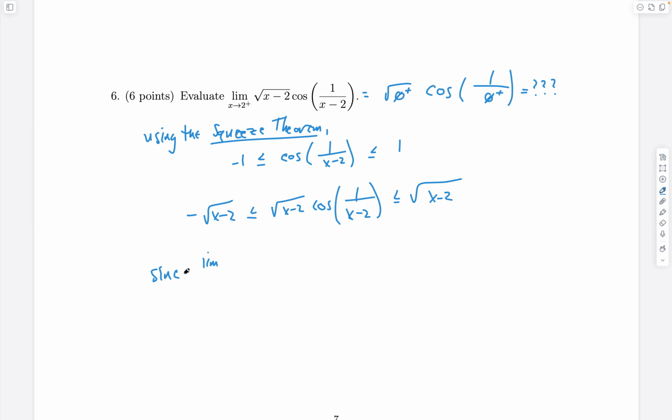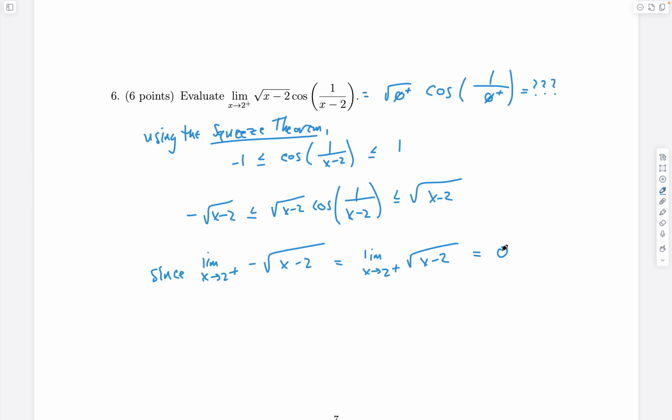So I'll say since the limit as x goes to 2 from the right side of negative root x minus 2, what's the limit of this? Well, plug in 2, root 2 minus 2 would be root 0, which is just 0. Whether there's a negative outside or not, it's going to 0. And that's equivalent to if I go limit x approaches 2 from the right side of positive root x minus 2.